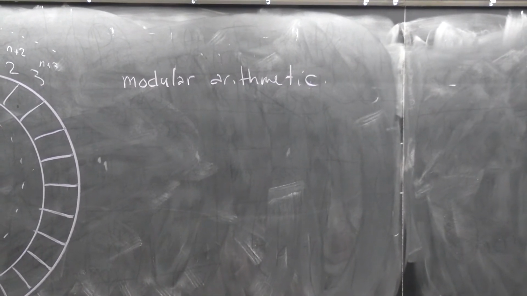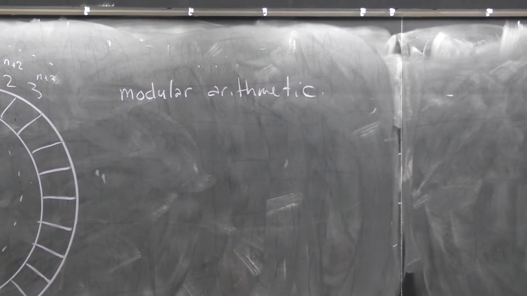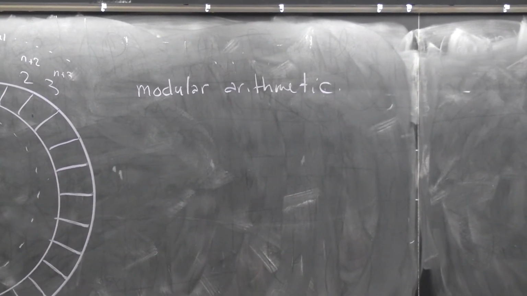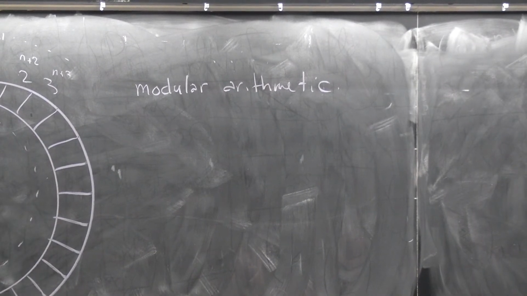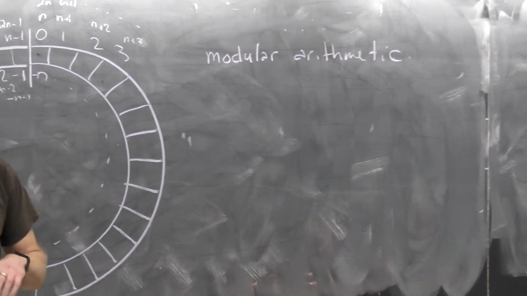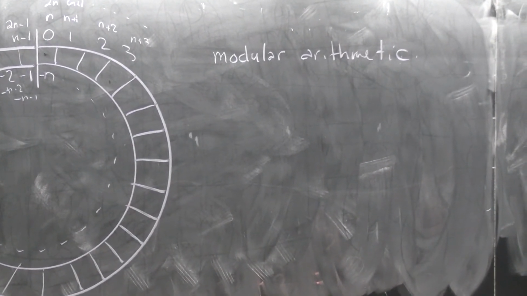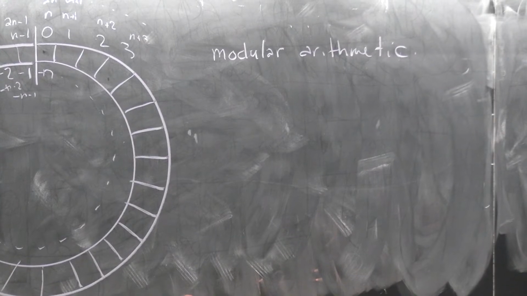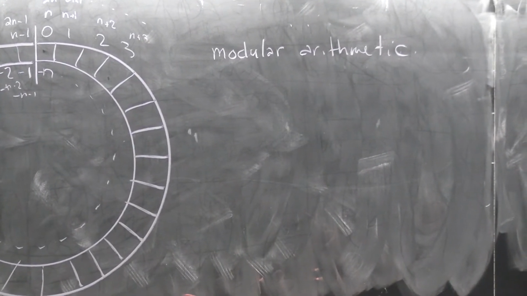So think of these as the numbers on a clock in maybe 24-hour format. Then, as you count around these things, it just wraps around. So if it's 3 o'clock right now, what time will it be exactly 3 days from now? Well, it's going to be 3 o'clock again. So that's what they like to call clock arithmetic.